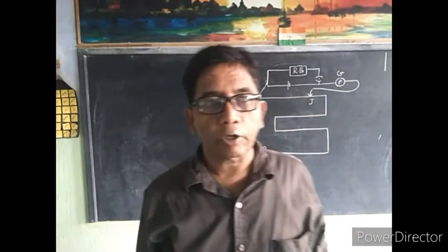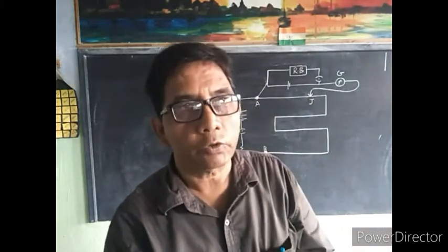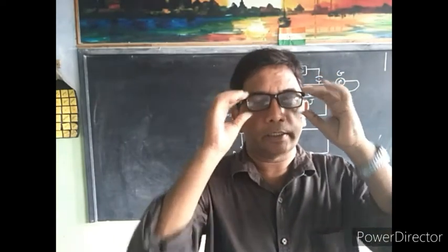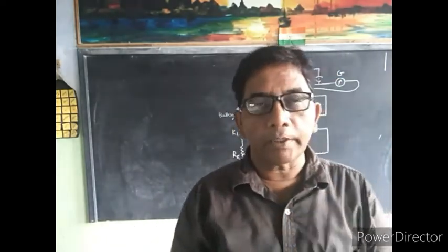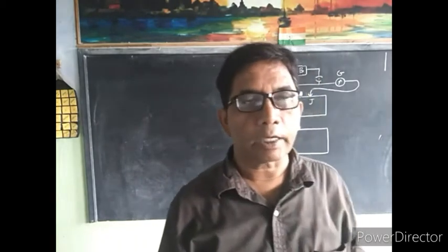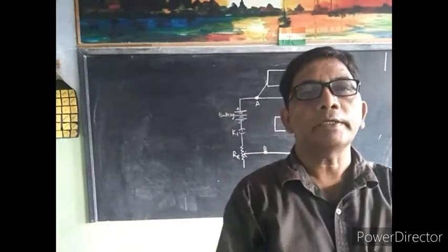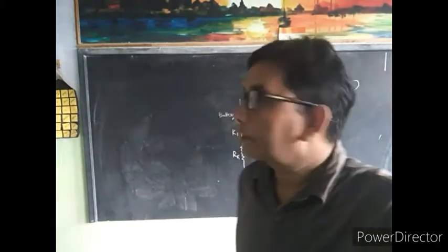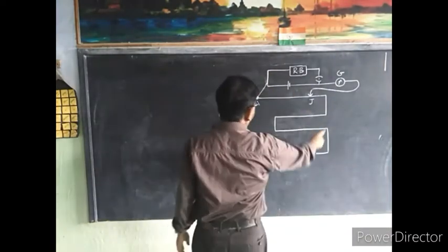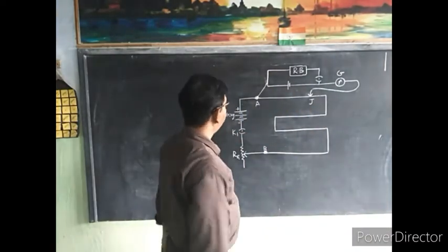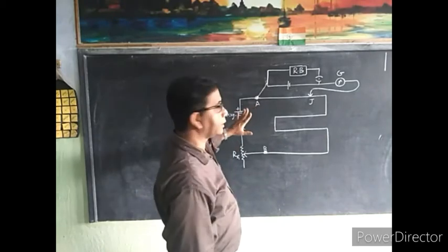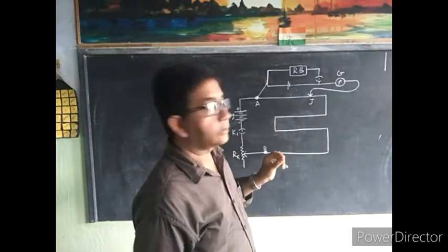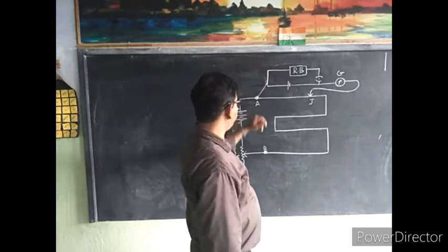Hello students, next topic is how a potentiometer is used to measure the internal resistance of a cell. In order to determine the internal resistance of a cell whose EMF is E, the experimental setup is shown in the figure.